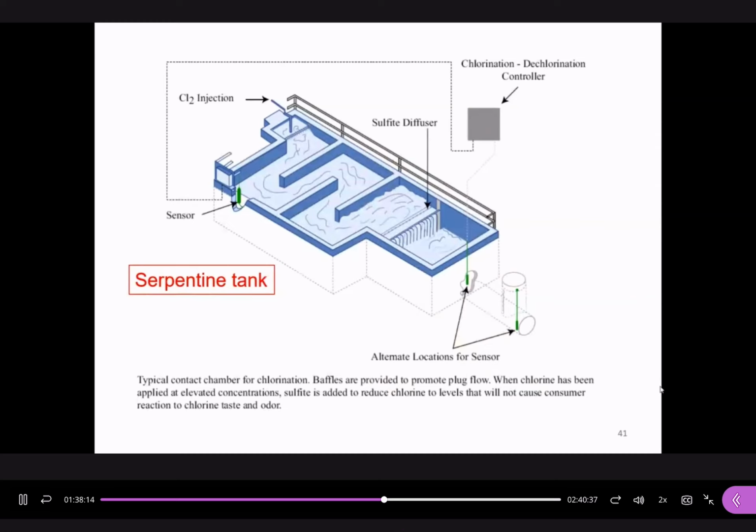And chlorine is injected here, and we have a sensor, and we have a sulfide diffuser. What is sulfide? Sulfide is added to reduce chlorine to levels that will not cause consumer reaction. Okay. Sulfide is a dechlorination agent. You add sulfide to react with the additional chlorine.